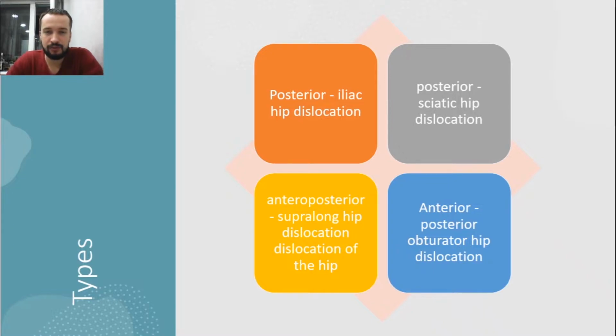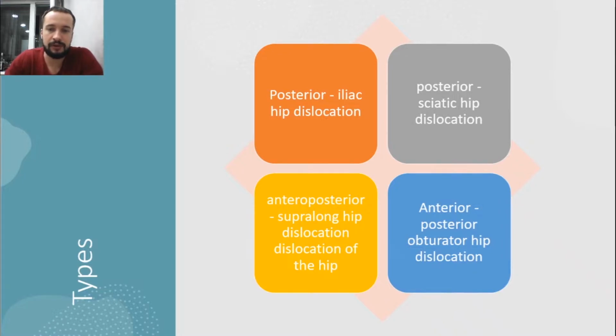Not supralateral, there is supralunaris, I think. We will talk about this. It is a problem to translate into English; we haven't got this word. And the last one, anterior locking hip dislocation.